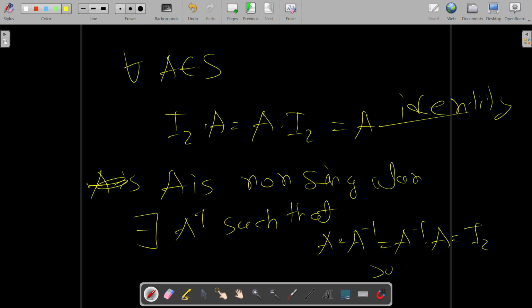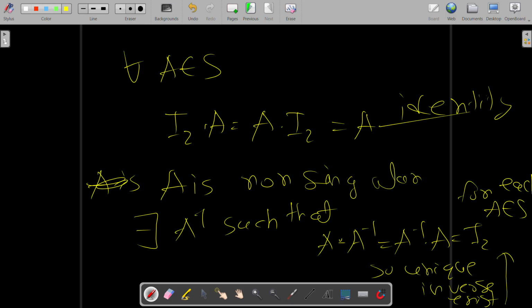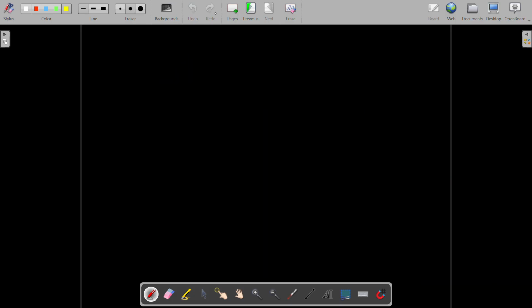So a unique inverse exists for each A belonging to S. So the property of inverse is also satisfied. So clearly S under the operation multiplication will form a group. So the set of all non-singular matrices will form a group under the operation multiplication.